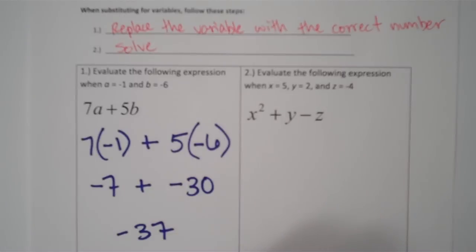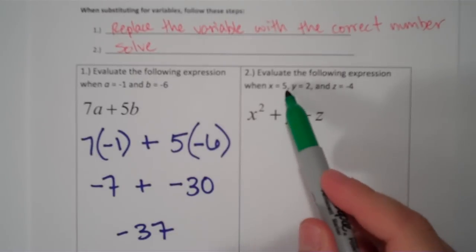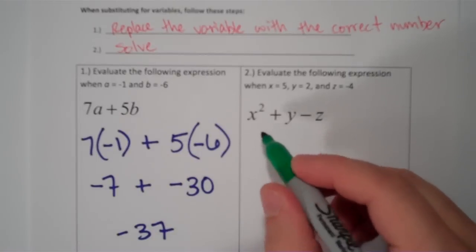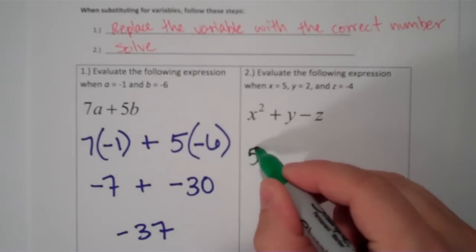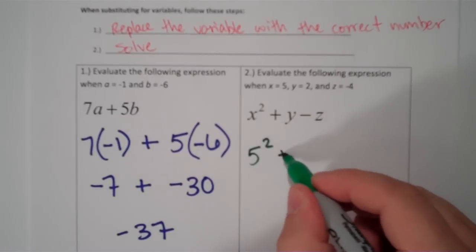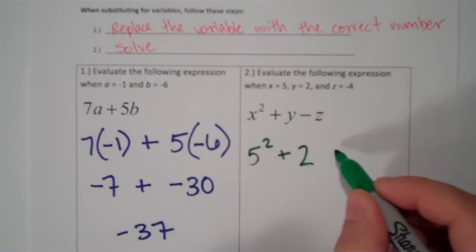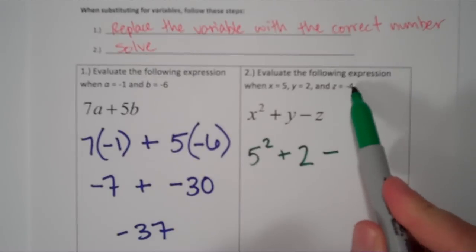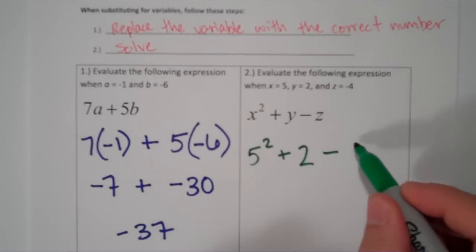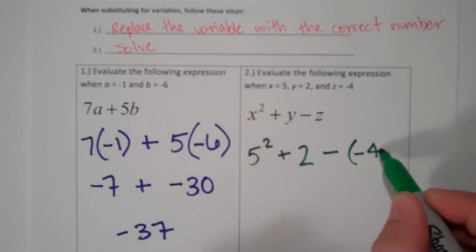X equals 5, y equals 2, and z equals -4. Okay, let's plug in our 5 instead of x. So this changes to 5 squared plus, what was y? 2 minus, z was -4. We're going to put a -4 in.